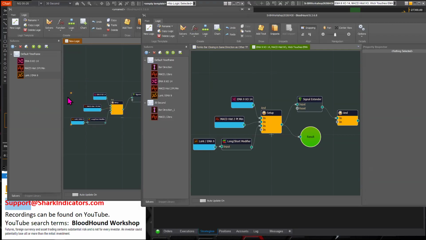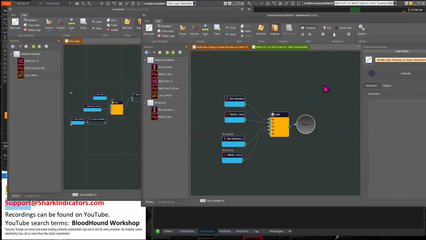And you can see this is a little faster than trying to clean up this Bloodhound workshop file. I mean, if you wanted to, you could go and delete this logic template and delete the solvers and delete the time frame and all that, right? A little bit of extra work.